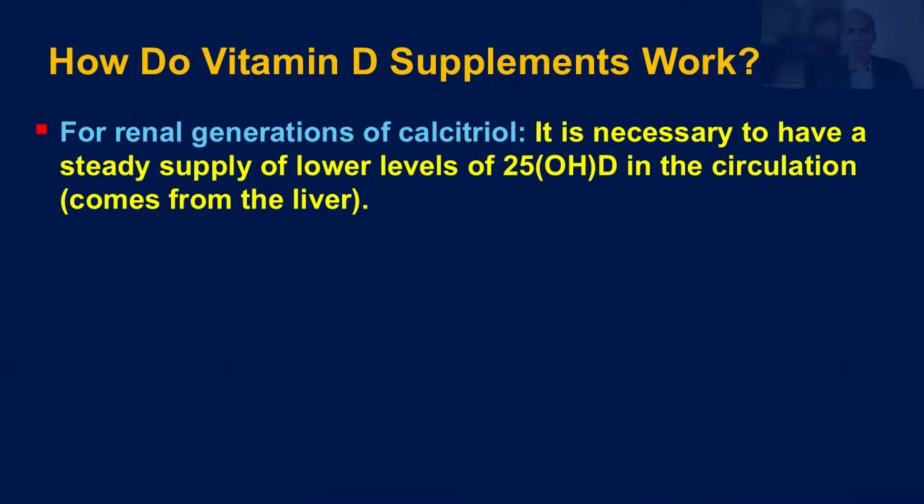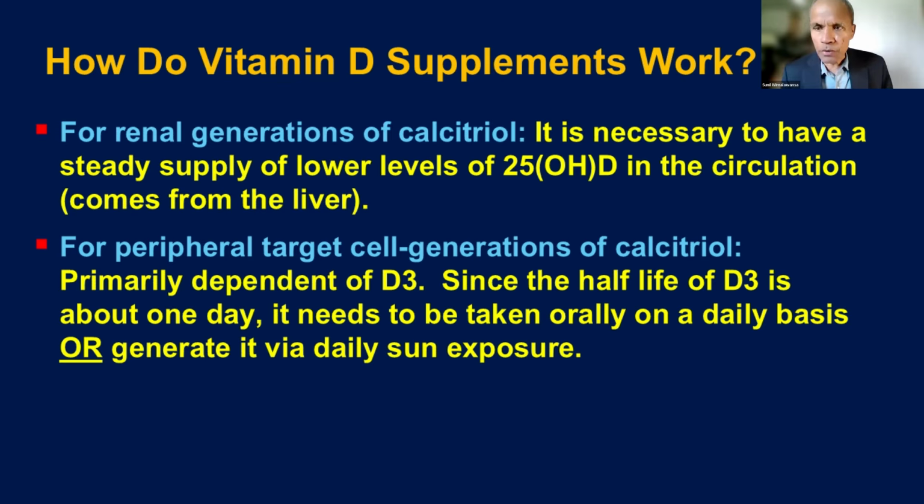So how does vitamin D supplementation work with reference to the two physiological systems I mentioned a few minutes ago? Renally generated calcitriol coming from renal tubular cells requires a supply of 25-hydroxy D. If somebody is on vitamin D3, they may not get enough supply in the absence of fully functioning liver. D3 will convert to 25-hydroxy D as long as your liver function is reasonable.